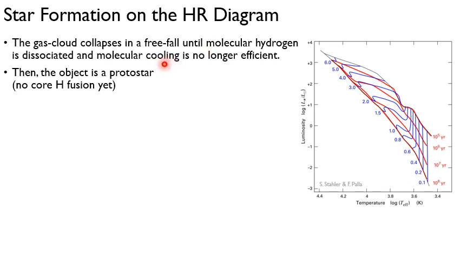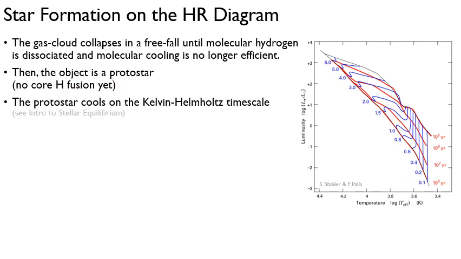So the collapse is going to then be much slower at that point. So once that's happened, then we call our object a protostar. So it's cooling relatively slowly, but there's no hydrogen being fused in the core yet. So it's not a full star, it's just a protostar.